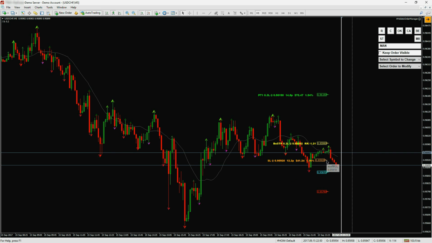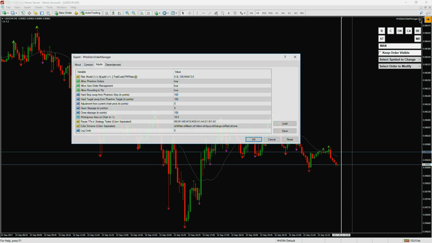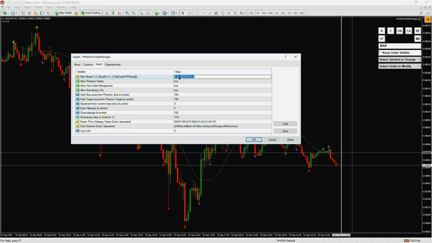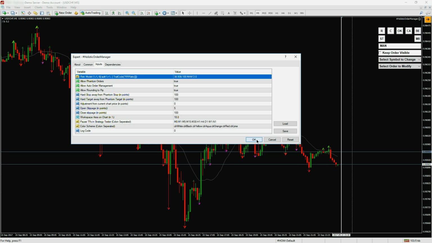So let's say at 10 pips, we want to risk about $38.90 on each trade. Then we can define here in dollar terms, 38.90 dollars. So on every trade you want to risk about 38.90. We are giving this fixed number to check whether our parameters are working properly or not.